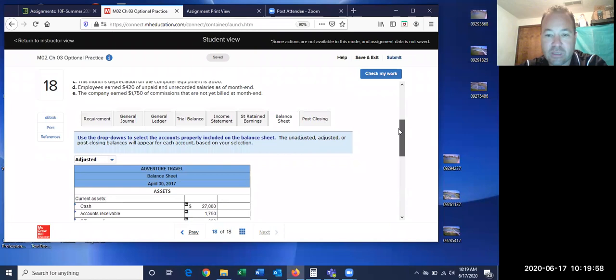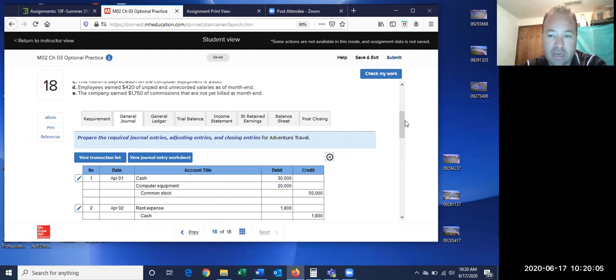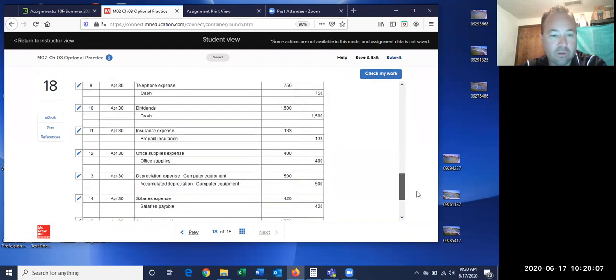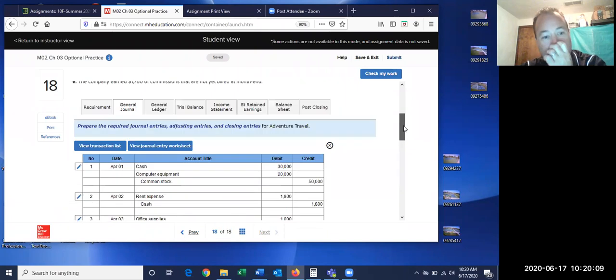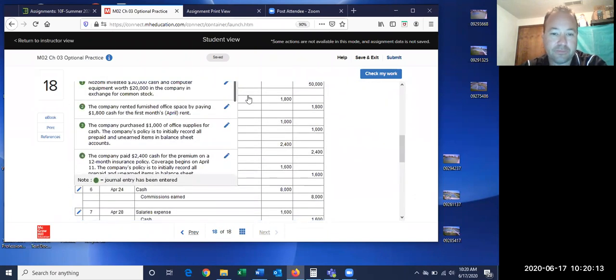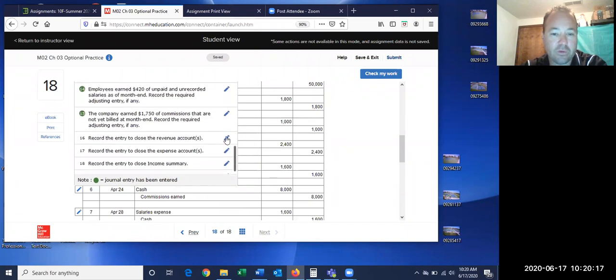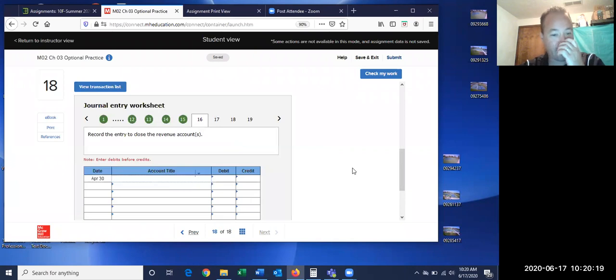Now, I'm almost ready to do the post-closing. But before I do that, I'm going to go back, because I'm ready to do the closing entries. So let's view the transaction list. Go all the way down to number 16. We're ready to close out our revenue accounts.